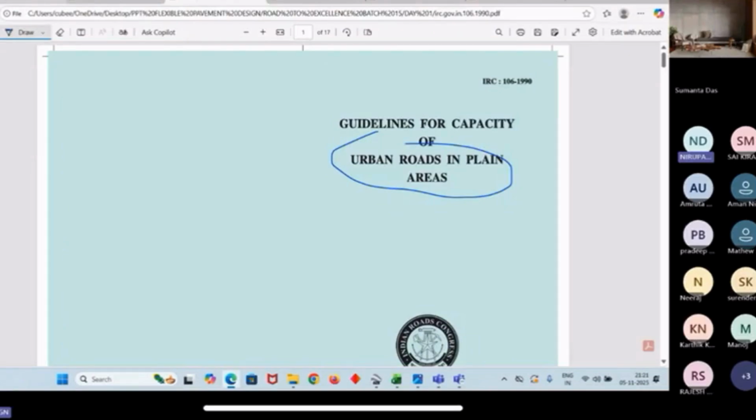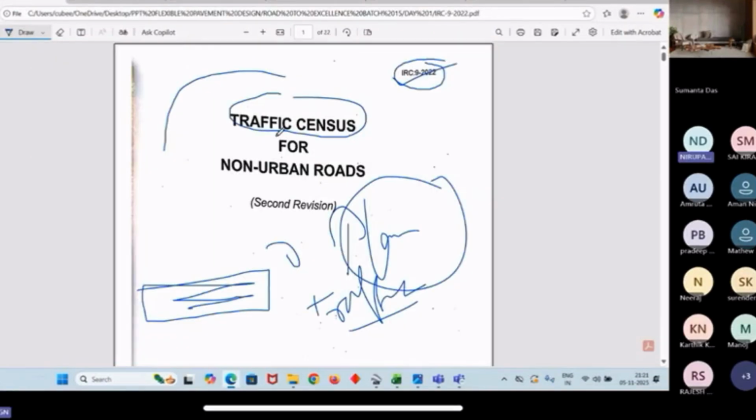Got it? So you need to understand how many days you have to do the traffic survey and what will be the frequency of the traffic survey. Suppose this is a corridor, a 20-kilometer section, 50-kilometer section, it doesn't matter. What matters is you have to classify it into different zones as per the IRC, as per the traffic pattern and traffic movement.